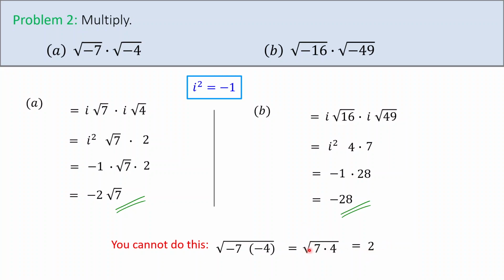Now you have square root of 7. So you are getting positive 2 square root of 7. This is not the correct answer. The correct answer is negative. So you don't do this. Don't multiply two negative numbers inside the square root.